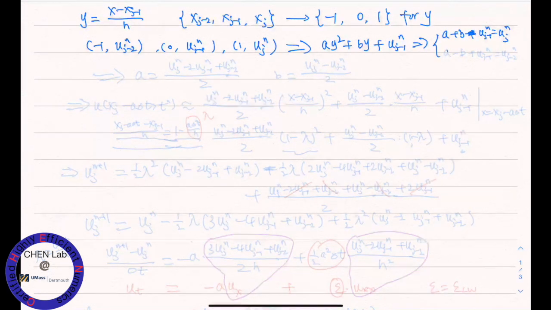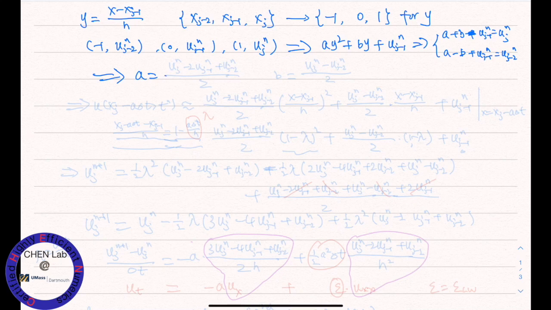You plug in negative 1, you get a minus b plus uj minus 1 n is equal to uj minus 2 n. So we get that a is equal to, you add the two equations and divide by 2, okay?